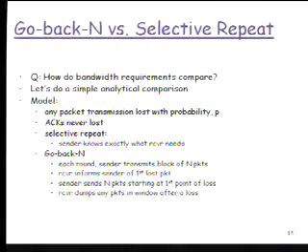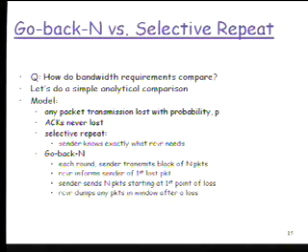The model is very simple. Any packet which is transmitted on this unreliable channel gets lost with some probability p. We'll keep this loss probability p a constant. We assume that acknowledgements never get lost.